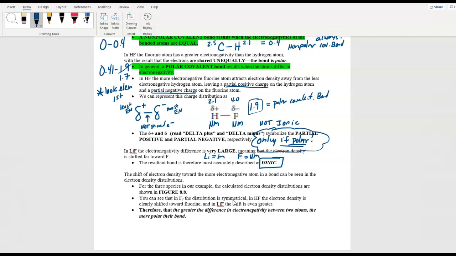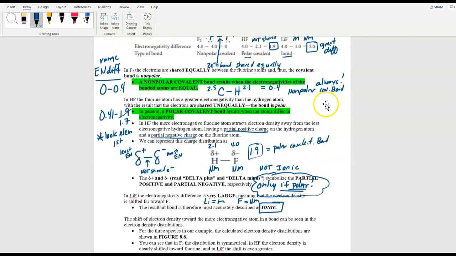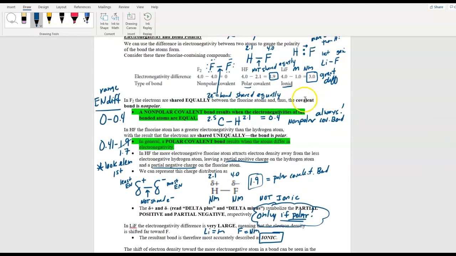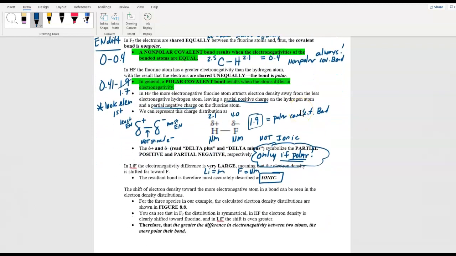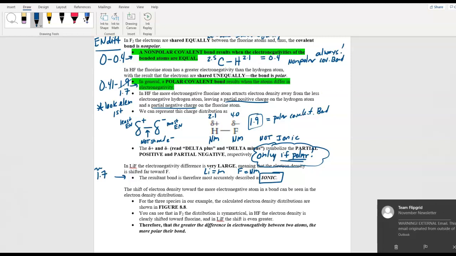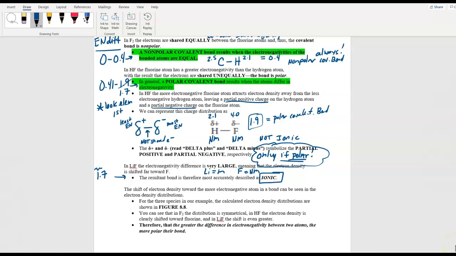That is an ionic compound. When you do the difference, you saw up here on the math, it was 3.0. That's beyond ionic. So right here is the nonpolar range. This is the polar range. For the ionic, it's usually, and I'm going to put this little approximate, anything 1.7 and above.